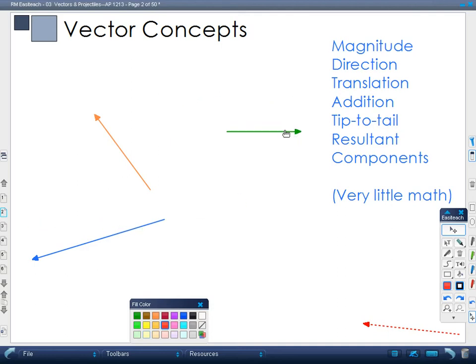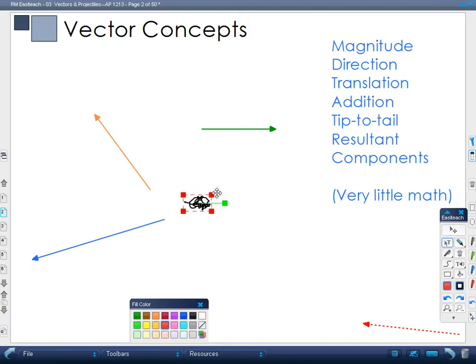I can represent, for example, a velocity, even if there's an object that's, say, down here. It's apparently a little tuft of cloud. That object could have a velocity that way, but I can represent the velocity with the vector up here just as well as if I had the vector right here.